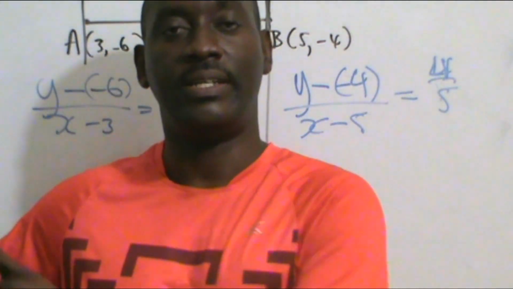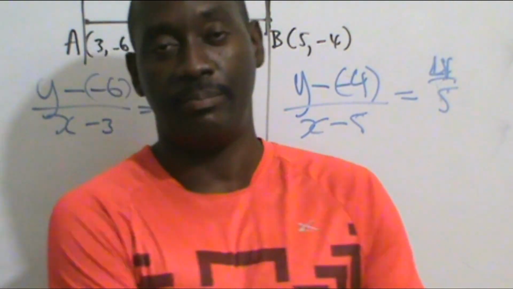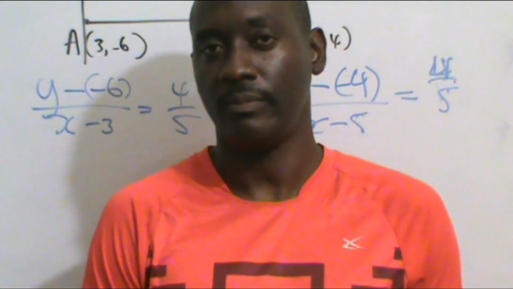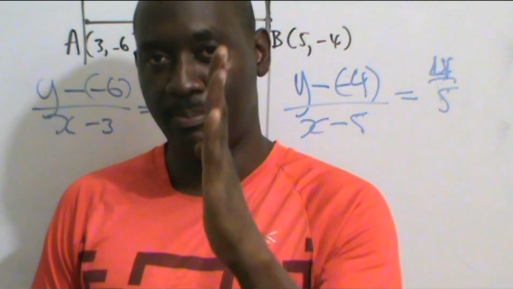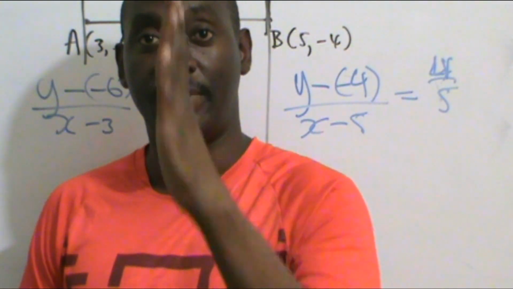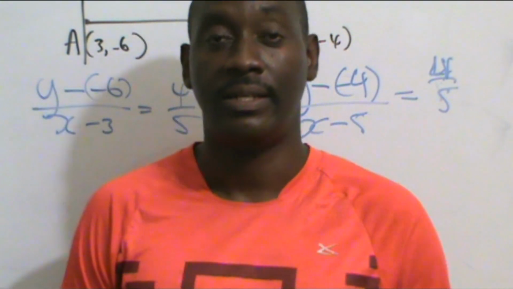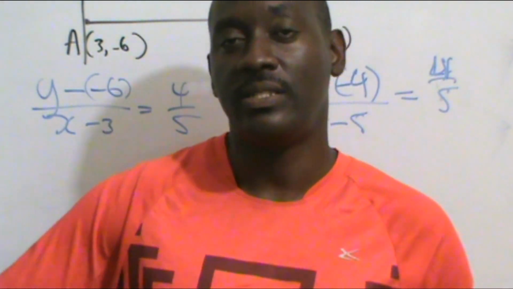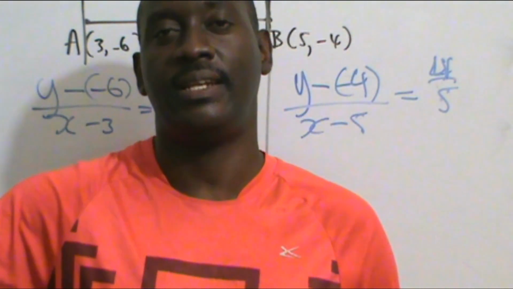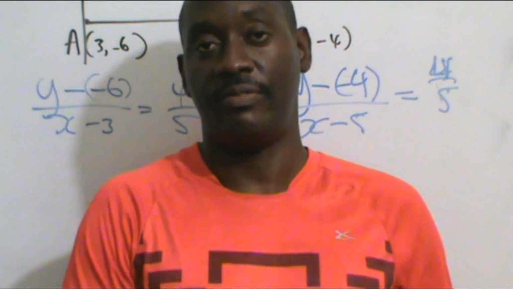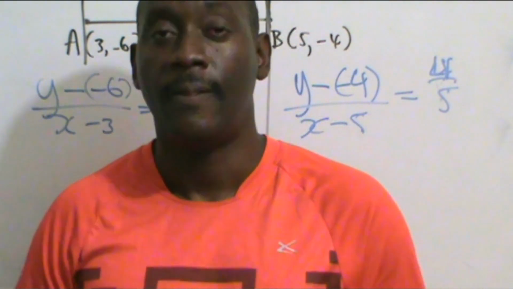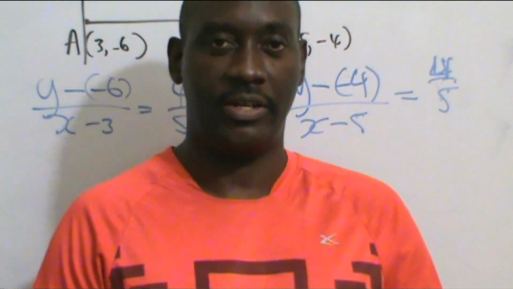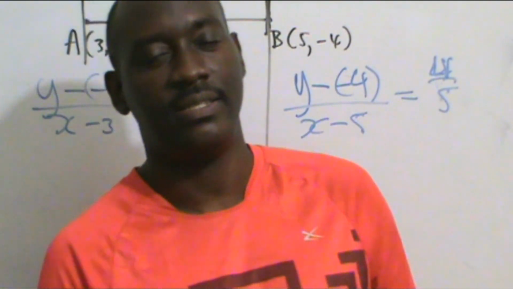The point might be on the pre-existing line or it may not be. But the importance of saying that it is perpendicular to the pre-existing line is that once you know the gradient of the pre-existing line, it allows you to find the gradient of the new line as the negative reciprocal of the gradient of the pre-existing line.